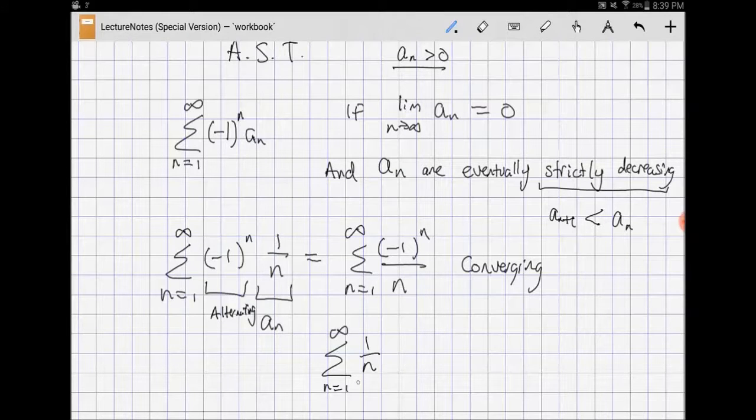And if the absolute value of the series is diverging, then we say that the series does not absolutely converge, but it converges. To differentiate between absolutely converging and converging as an alternating series, we call this conditionally converging. And that is the gist of the alternating series test.